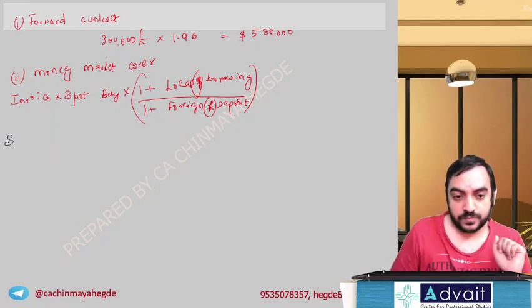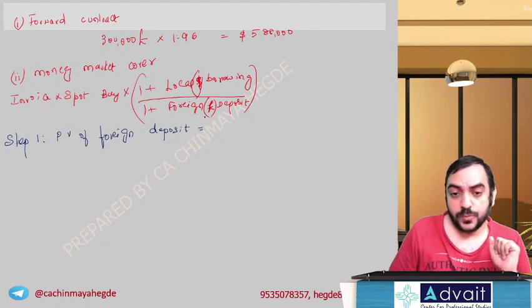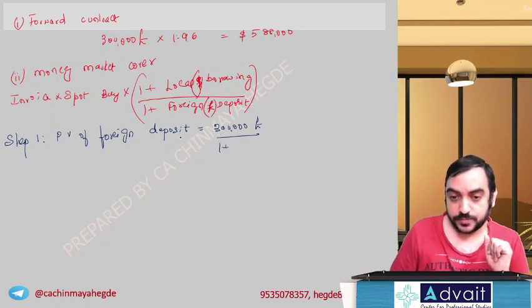Step 1, present value of foreign deposit, which is equal to 3 lakh pounds divided by 1 plus foreign deposit rate, that is the pounds deposit.